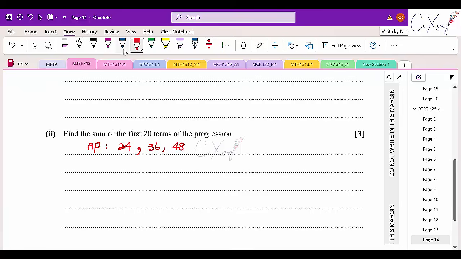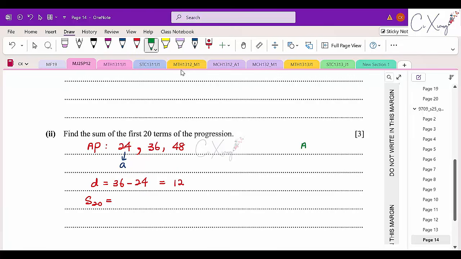From the first 3 terms here, you already know that the first term, which is a, is 24. And now, if I wish to get the value of d, the common difference, you should take the second term minus the first term. So your common difference is actually 12. Alright, and now let's calculate the sum of the first 20 terms. What's the general formula? Do you still remember?